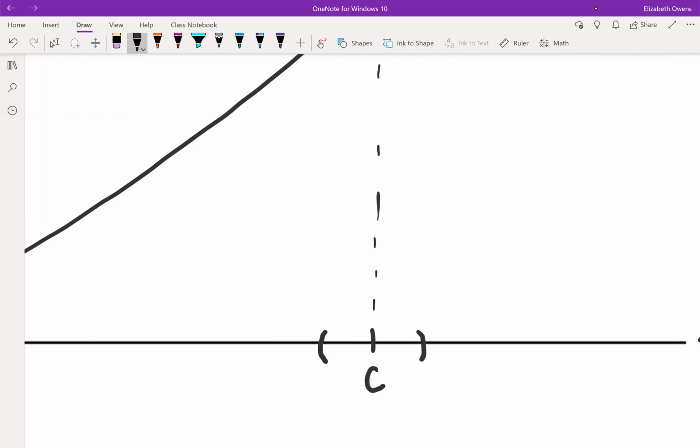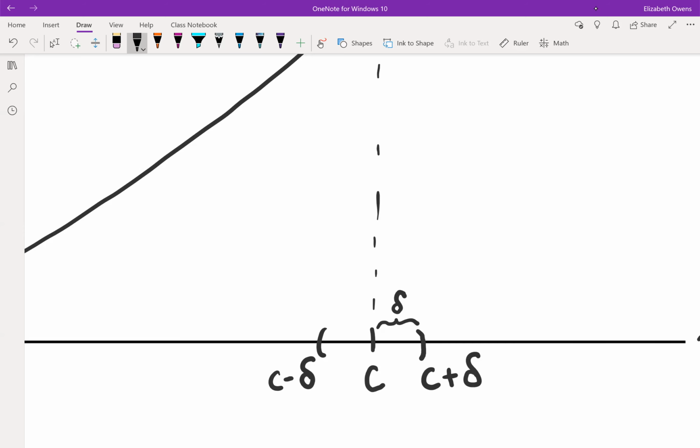This little distance away from c, we call that delta. That's a Greek letter, lowercase delta. If that distance is delta, then this mark right here on the x-axis is going to be c plus delta. And over here, we've gone to the other side of c by that same amount. That would be c minus delta.